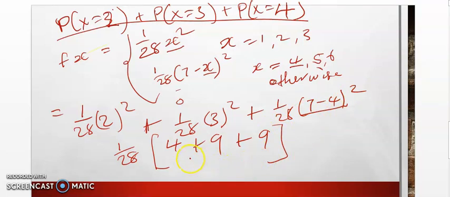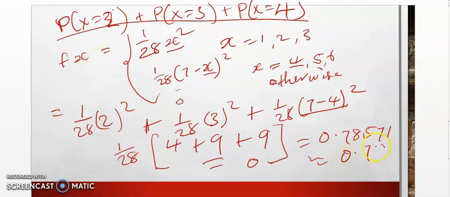So if we evaluate this, 4 plus 9 plus 9 multiplied by 1 over 28, we will simply get 0.78571, which is approximately 0.79. And this is our first solution.